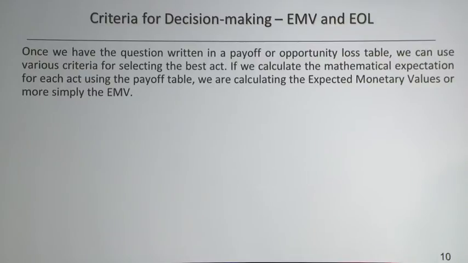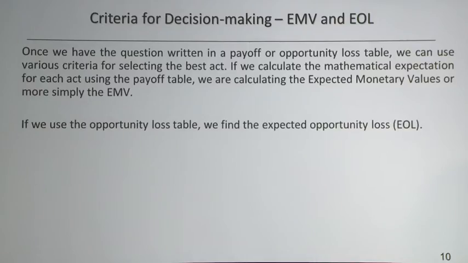So now, how are we going to decide which is our best? We need some kind of criteria for decision making. And there's two we're going to look at, EMV and EOL. So once we have our question written in a payoff table, opportunity loss table, we can use various criteria for selecting the best act. If we calculate the mathematical expectation of each act using the payoff table, we are calculating the expected monetary value, or more simply the EMV.